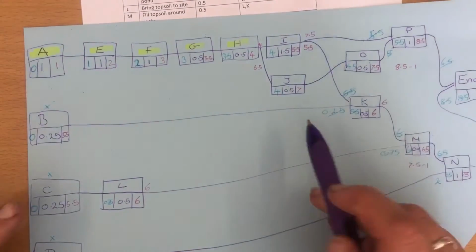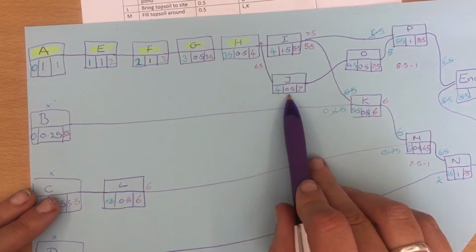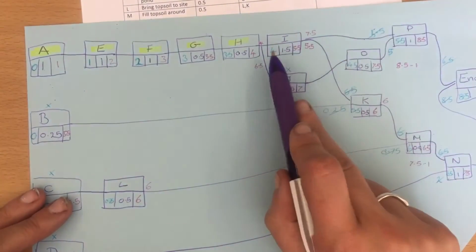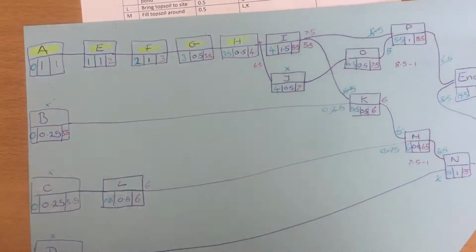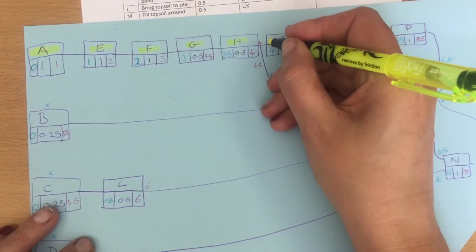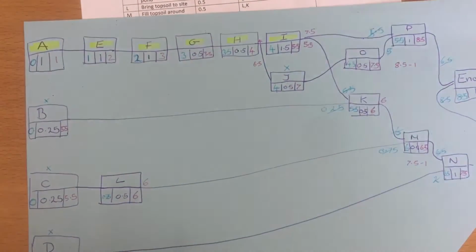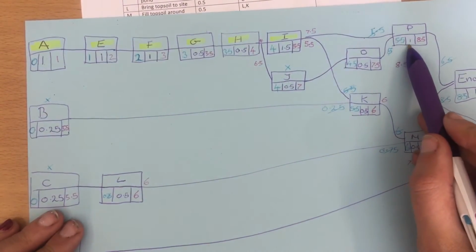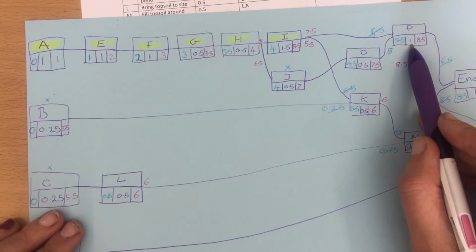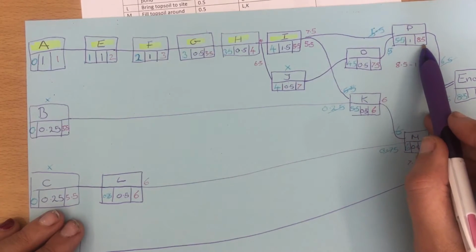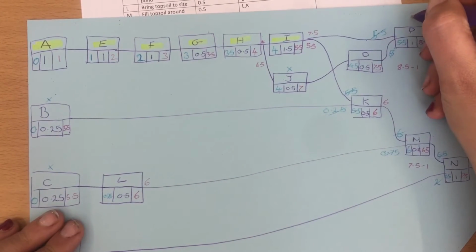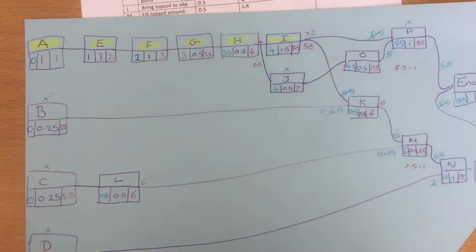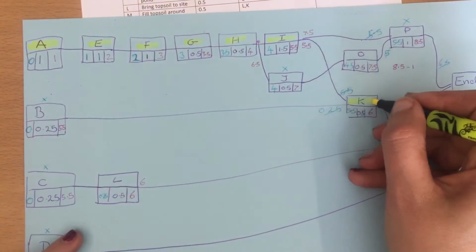Then we have options. So 4 plus 0.5 is 7, not critical. 4 plus 1.5 is 5.5, critical. We've then got another junction, so we're going to have to check. So 5.5 and 1 is 8.5, not true, not critical. 5.5 plus 0.5 is 6, that's true, that's critical.